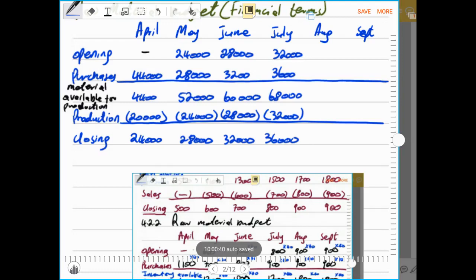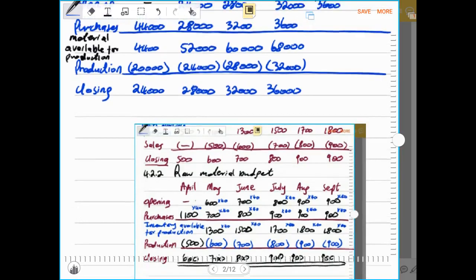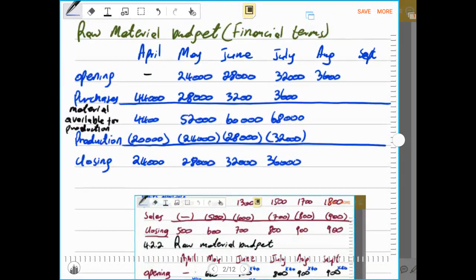Then August opening balance will be 36,000 again, because closing becomes opening. And purchases of August was how much? Purchases was 900, and we know that 900 by 40 will give us 36,000. Then it will give us a total of 72,000.